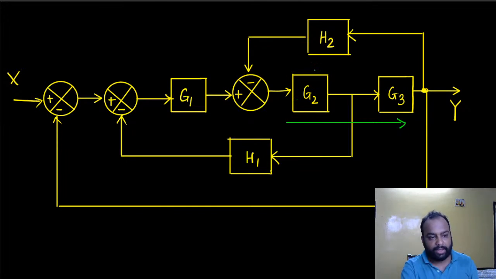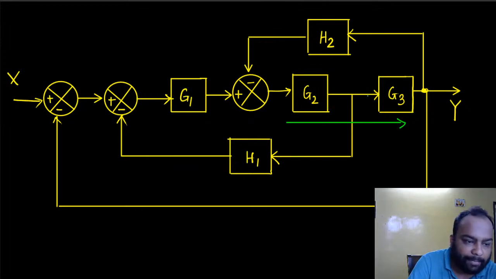You get that, right? So now look very carefully at what I can change. For example, if I consider G2, G3 to be in cascade, then I have a problem: this point would be lost, right?